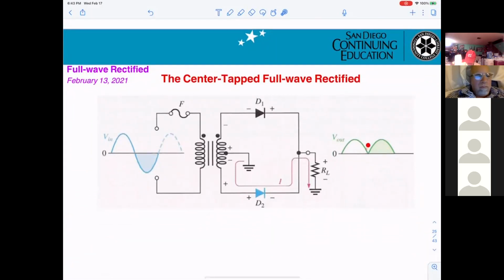That's why you get a full wave. In this case, you can draw your current flow.